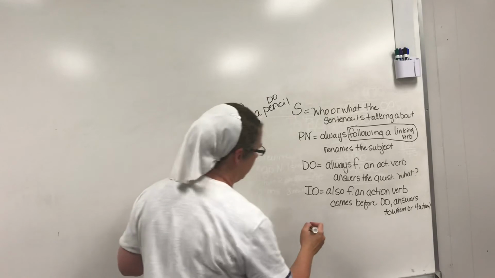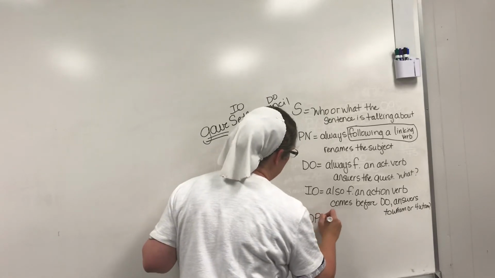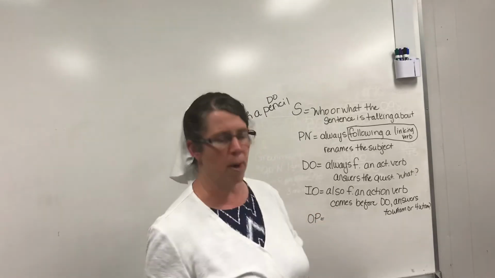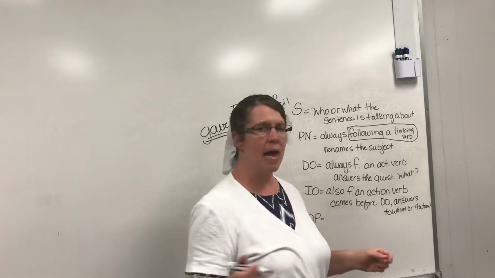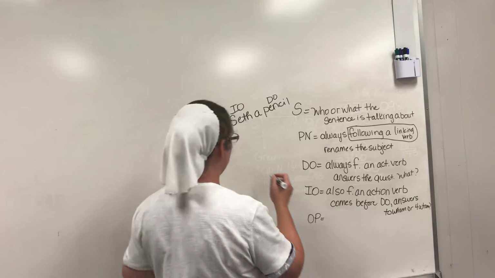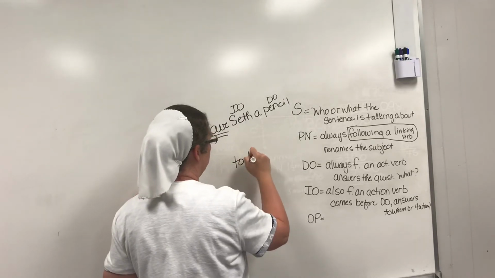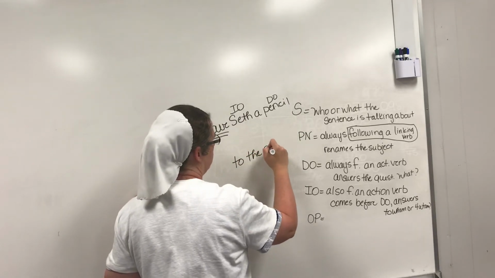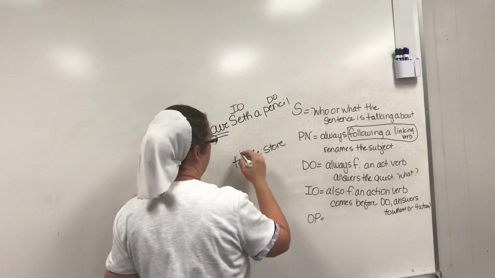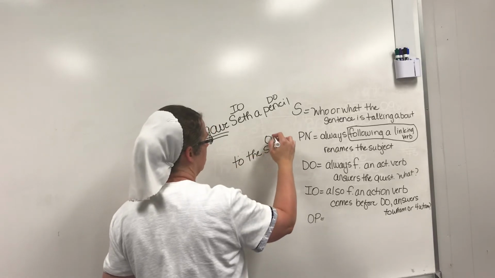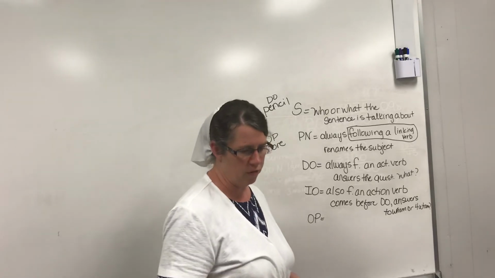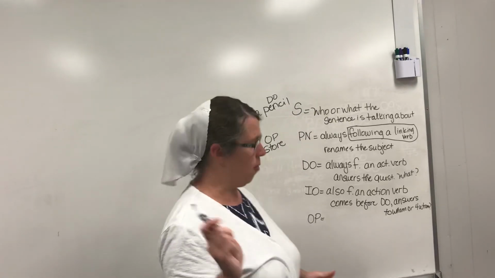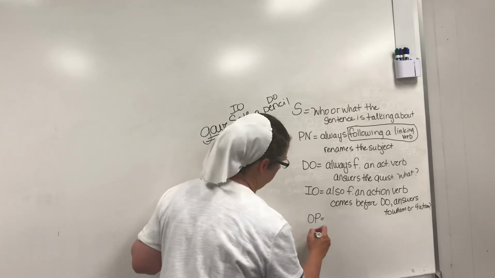Another one you're going to have is an object of the preposition. And you guys know those. Watch for the prepositional phrases. The object of the preposition is always at the end. Remember prepositional phrase? To the store. This is the preposition. This is the object of the preposition. It's the noun at the end of a prepositional phrase. And the one other one that you're going to have is direct address.